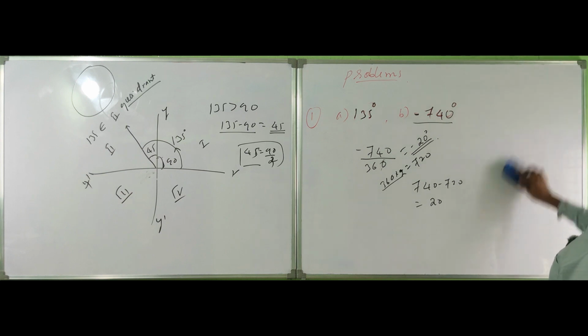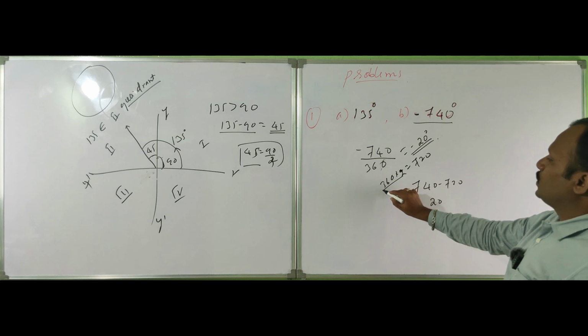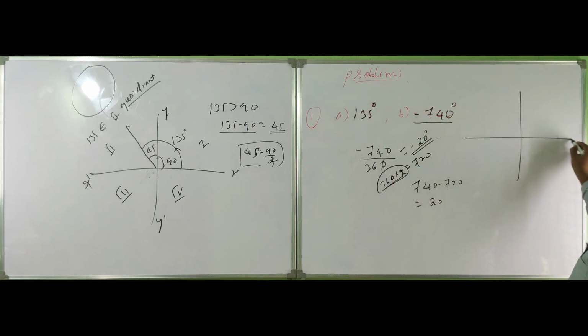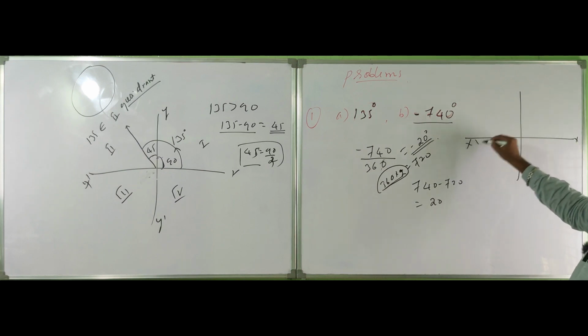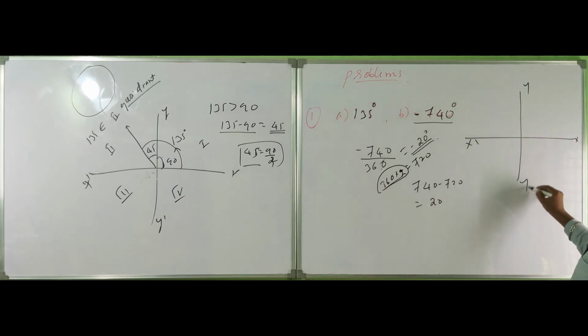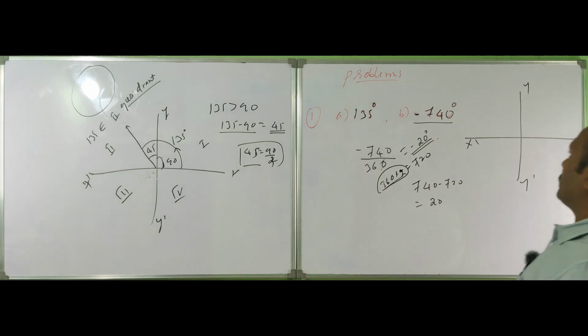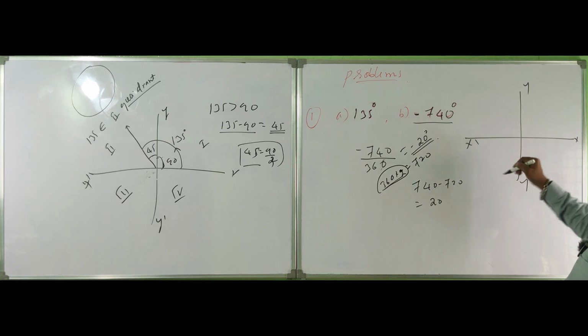In the diagram, how are we going to show it? There are two full rotations of 360 degrees. This is the quadrant: x, x dash, y, y dash. This is a negative angle. Negative angle means you should go in the clockwise direction.